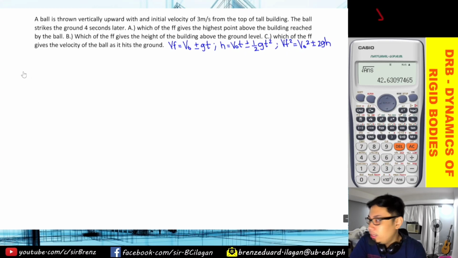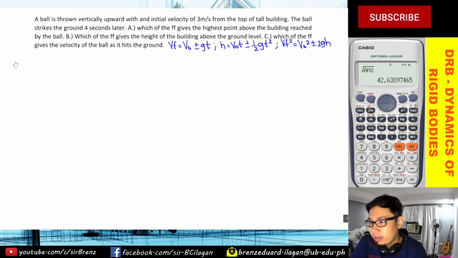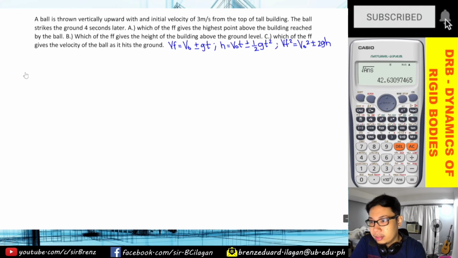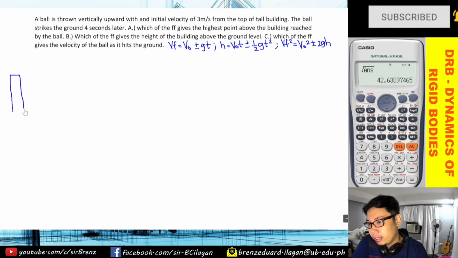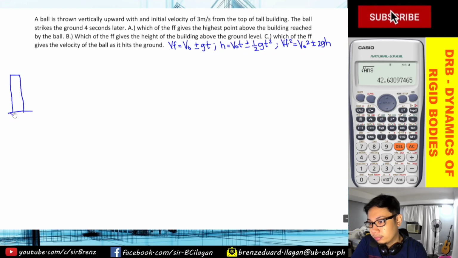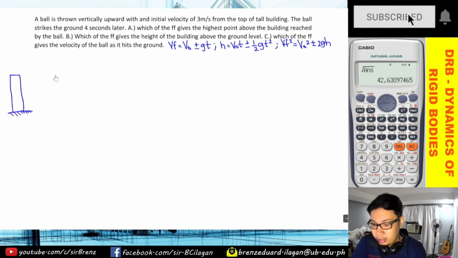Okay, so illustrate muna natin yung problem. Again, meron ka daw building. Always tabingi. Ayan, okay na yan. So, on top of the building, meron daw nagbato.